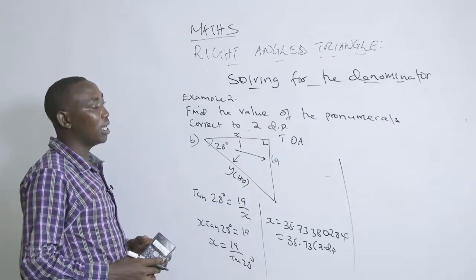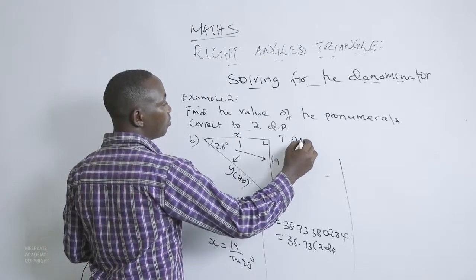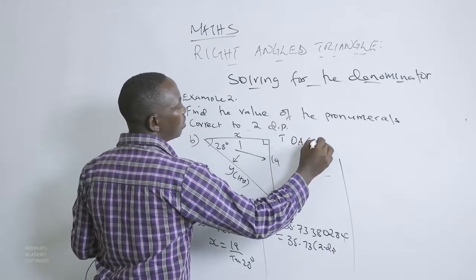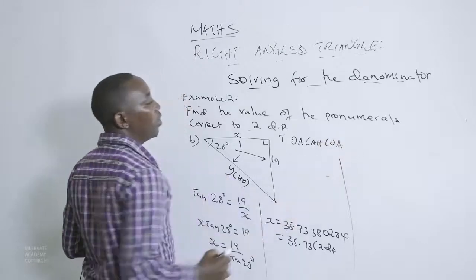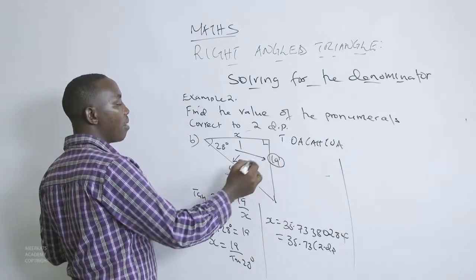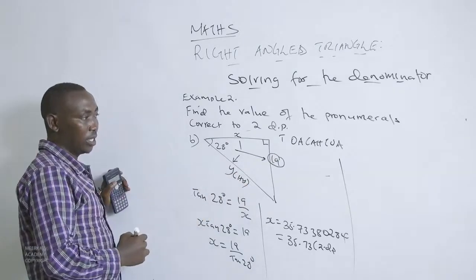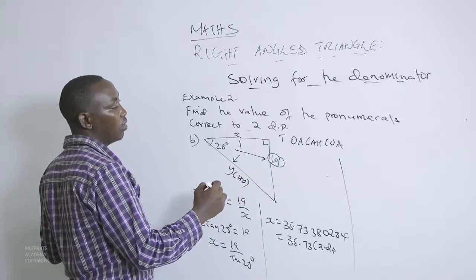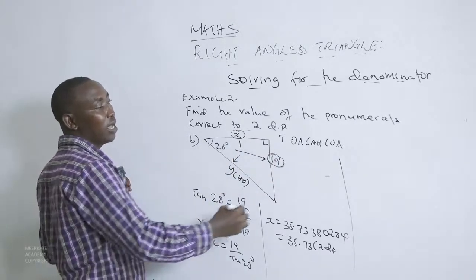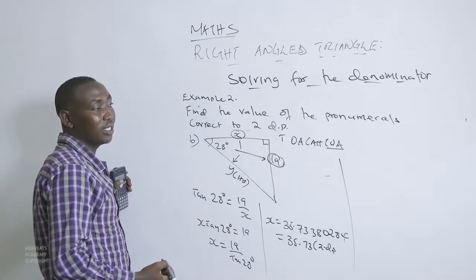In that case, we have a ratio that uses the opposite and the hypotenuse, which is sine.